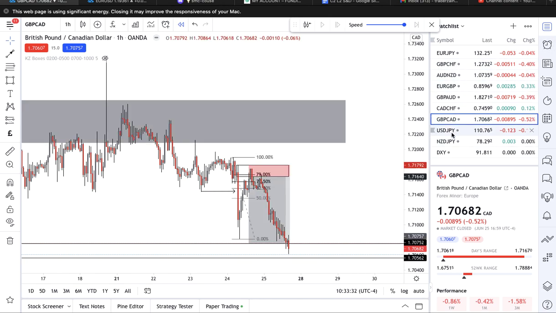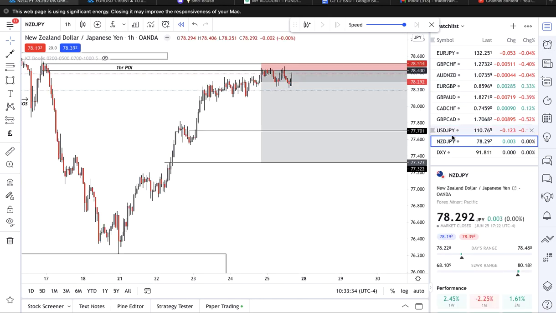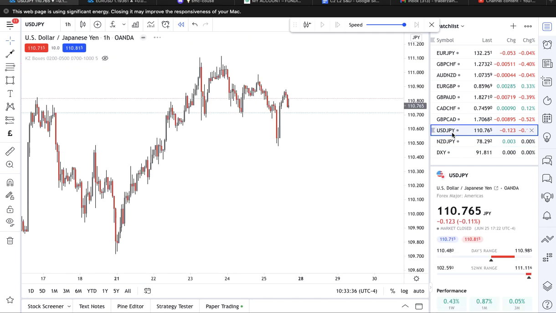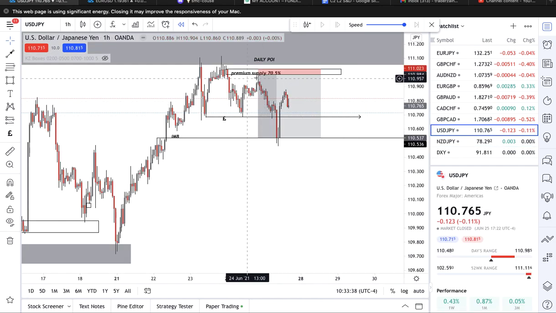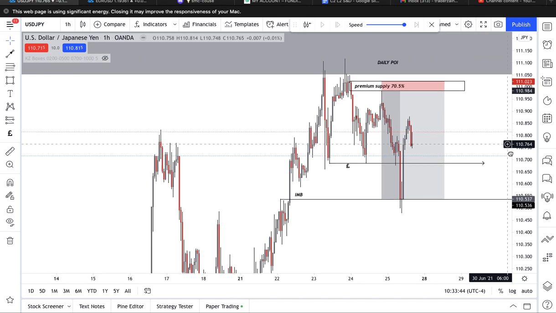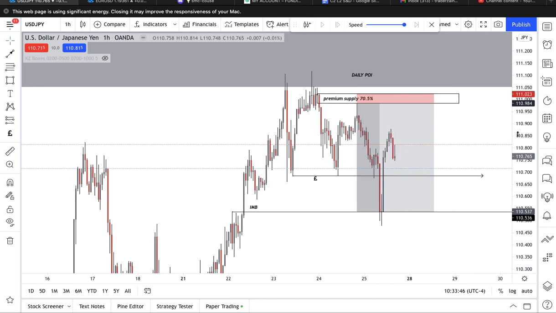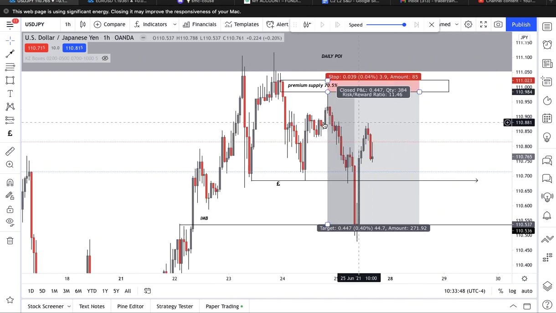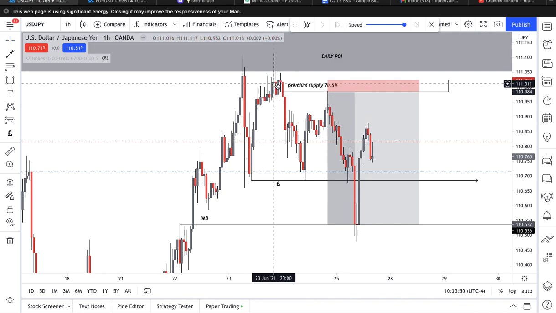Pound CAD. I already showed you lot this example. NZDJPY. USDJPY. Wide premiums, perfect. This is an example of a premium supply. Sweet. So we got a rally, a base, and a drop. That drop didn't break structure, but what did it do? Leave us some liquidity.